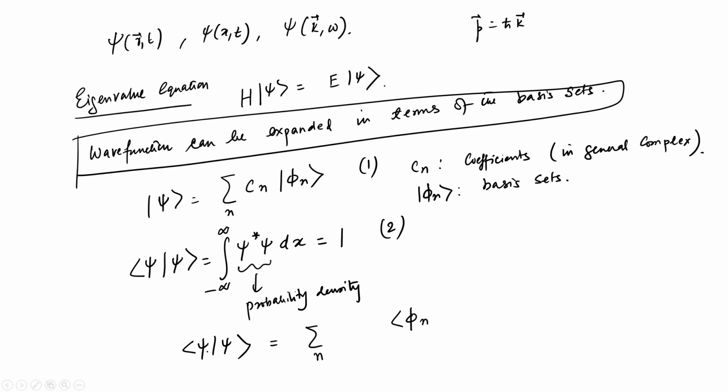When I take the inner product of two vectors, and each of the vectors can be decomposed as the C n phi n, I should write it with two indices, with the C m star C n and a phi m star, a phi m bra and a phi n. And now, each of these vectors are orthogonal to each other, and they form a complete set.